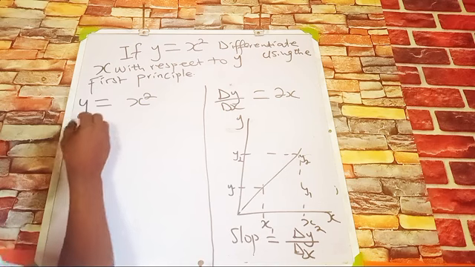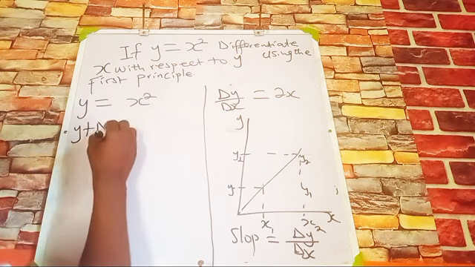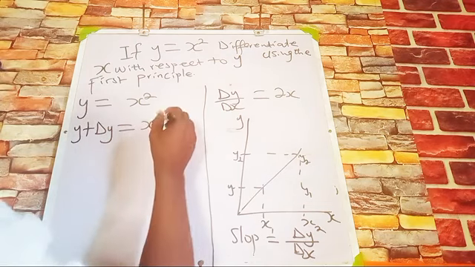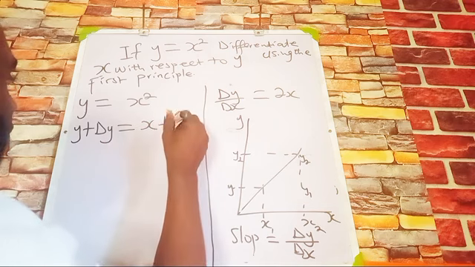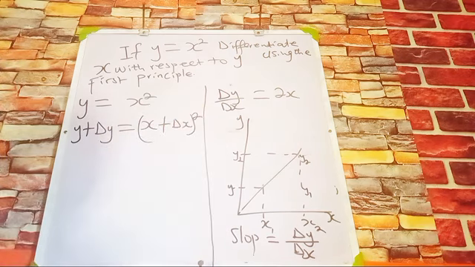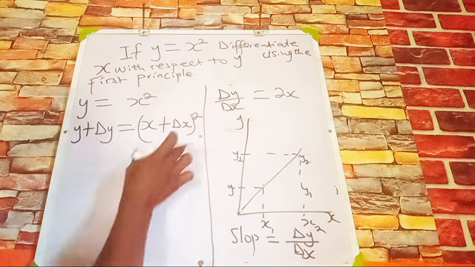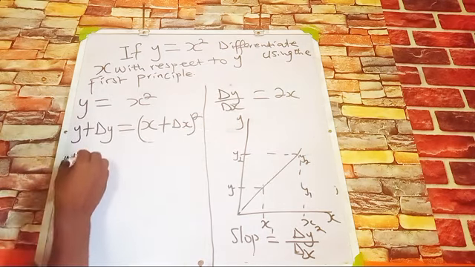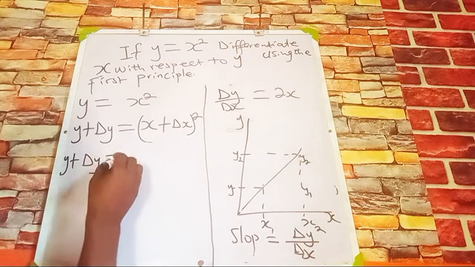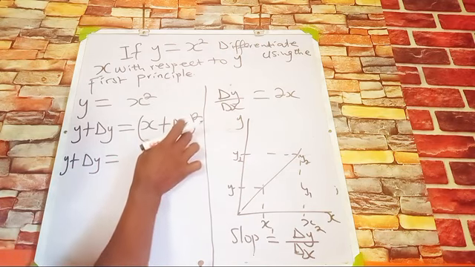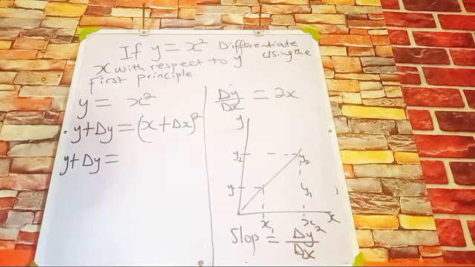So that is y plus that positive change in y is equal to x plus positive change in x, everything squared. So here we are going to open this bracket. I will have y plus dy is equal to, this power is showing us that we have 2 brackets.